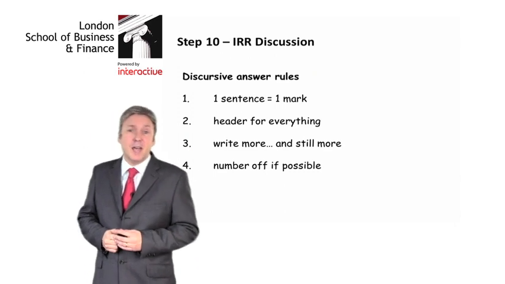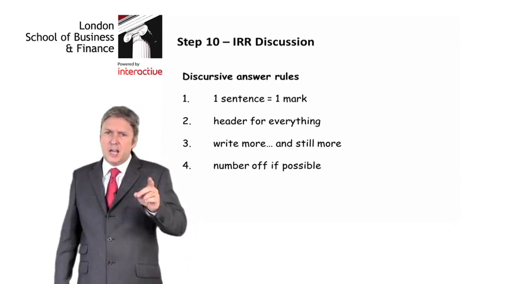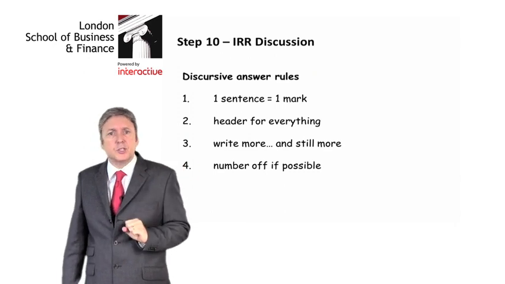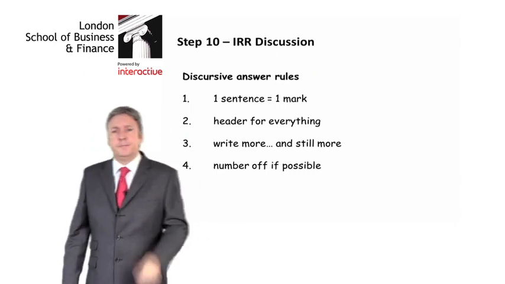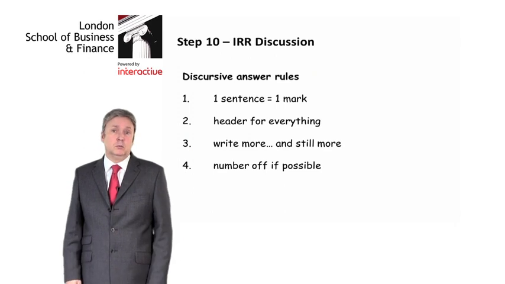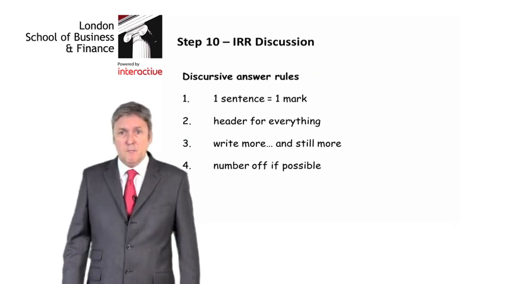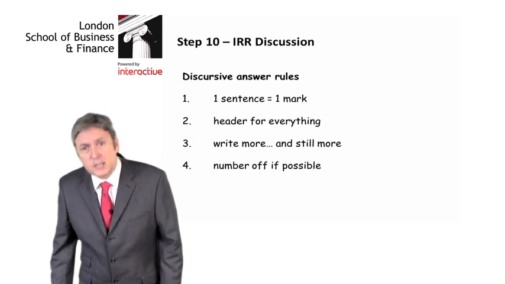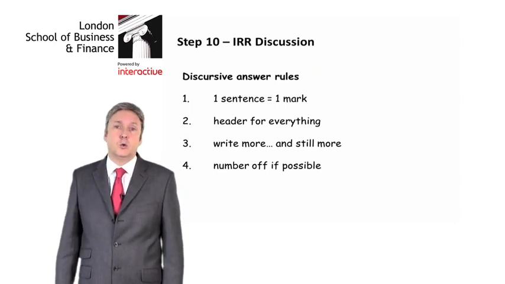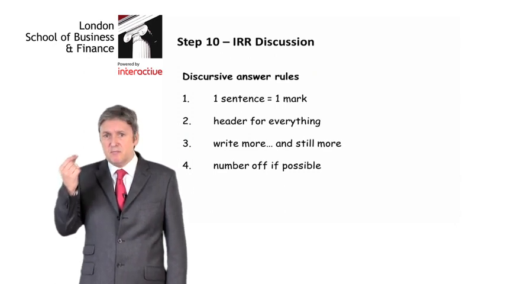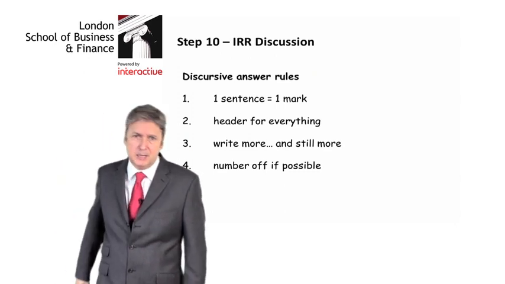Secondly, a header for everything. I want the examiner to know what you're talking about before he reads the nonsense that you've written. Thirdly, write more. I set my students many writing challenges during their courses, and the one thing that they do is they put the pen down invariably way before the time is up.